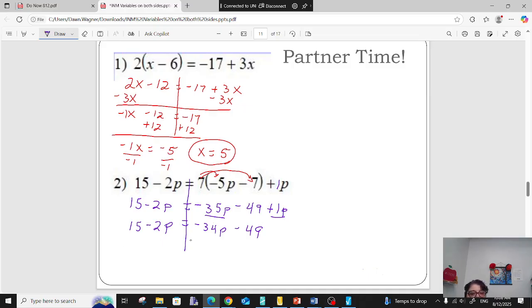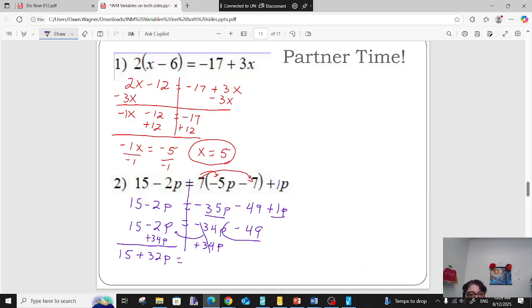Okay. So I'm going to deal with the variable first, and I'm going to bring this to this other side by using inverse operations. So this becomes positive. When I add it to the -2p, the 15 comes down and this becomes positive 32p. -2 plus 34 is positive.